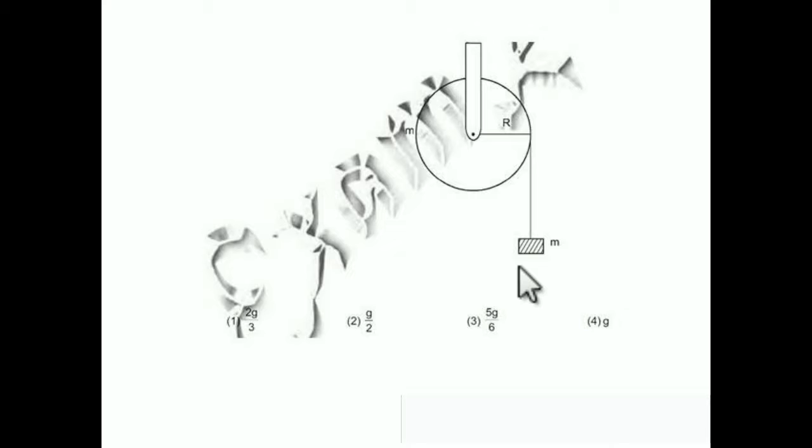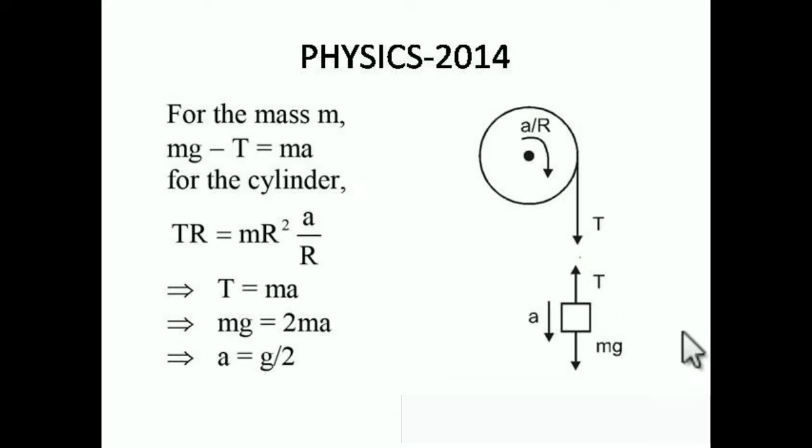I have to represent each and every quantity on this. Here, for the mass m, which forces are acting on it? First of all, the weight force is always perpendicular to the ground, so it's always in the downward direction. The weight force is always mg, mass into gravitational acceleration.